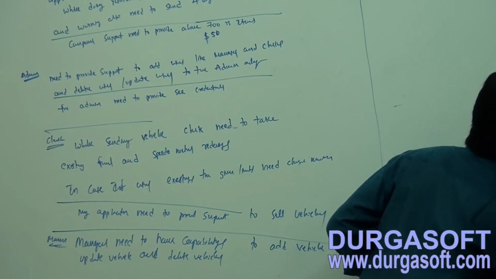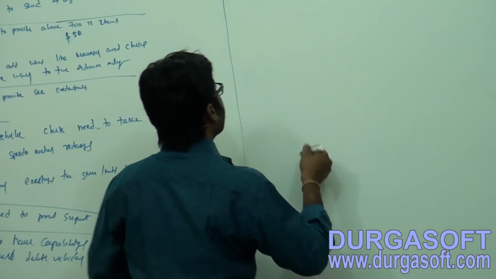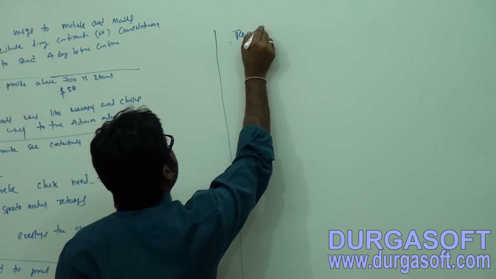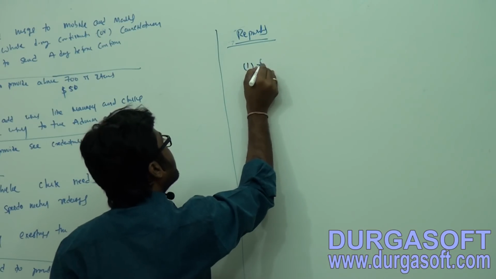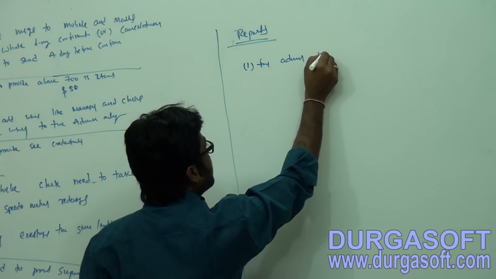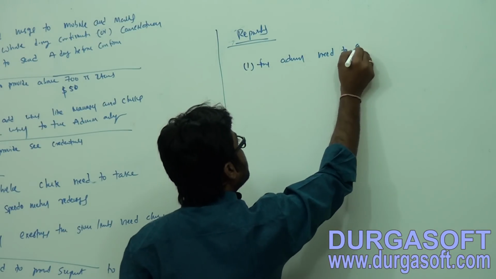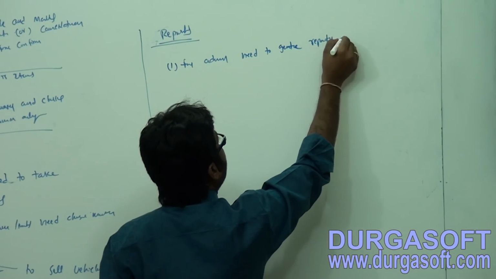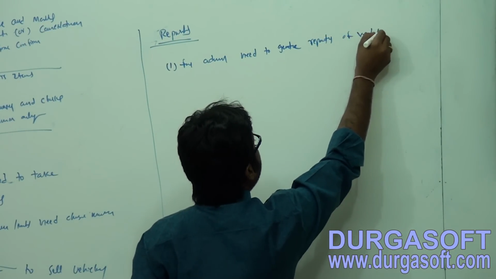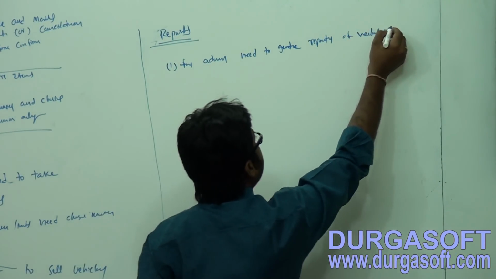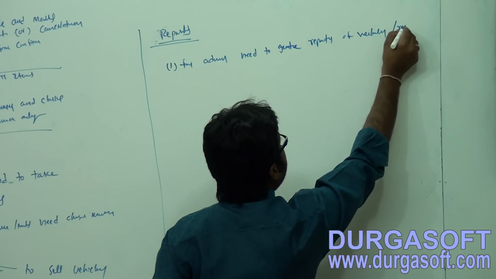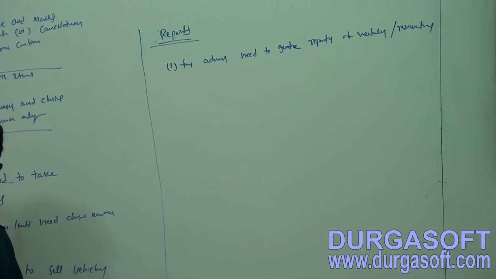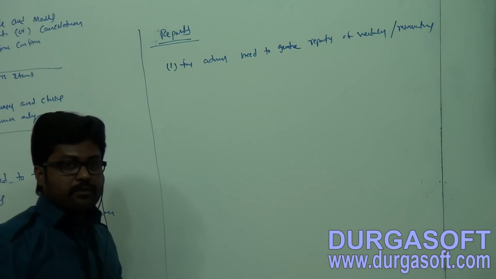Admin can ask here for the reports. The application needs to provide report support for the admin. It needs to generate reports of vehicles, and reports of reservations, reports of managers, reports of clerks.